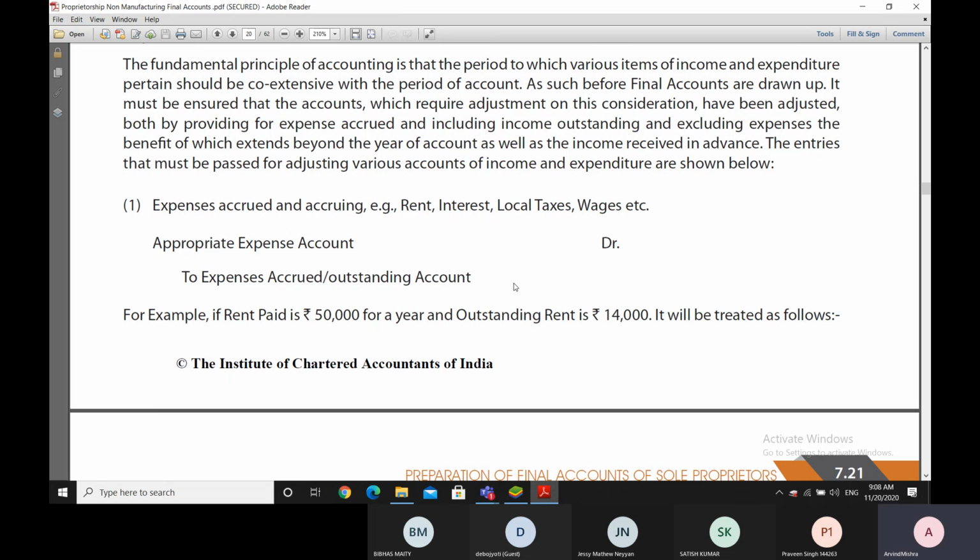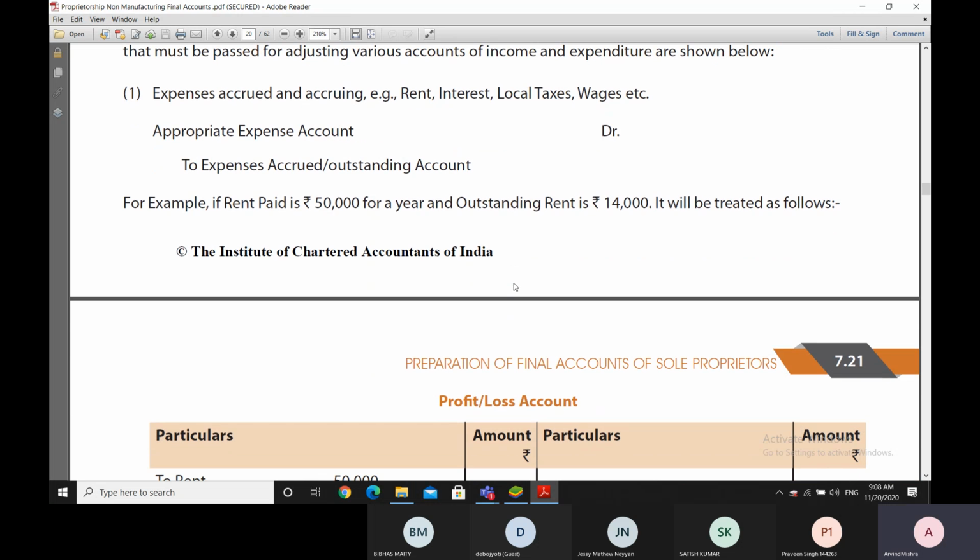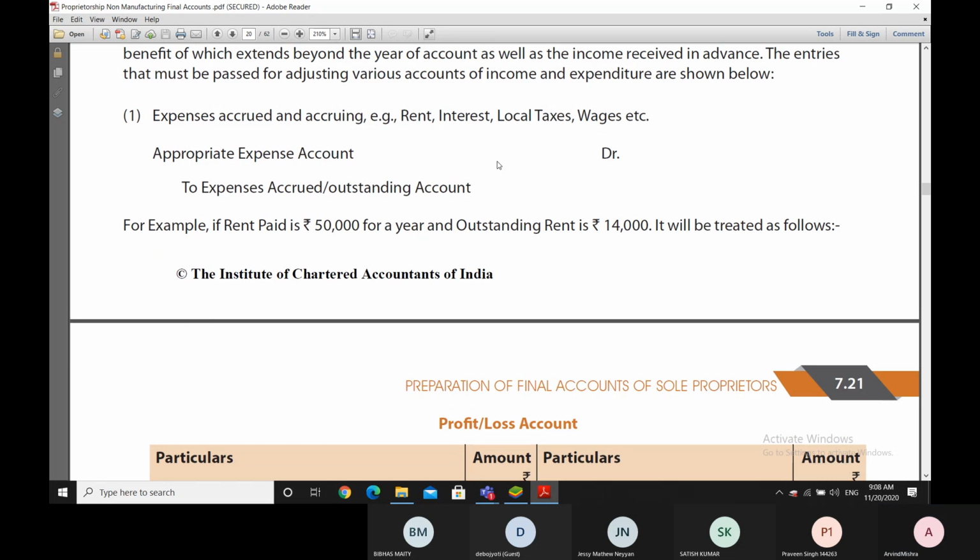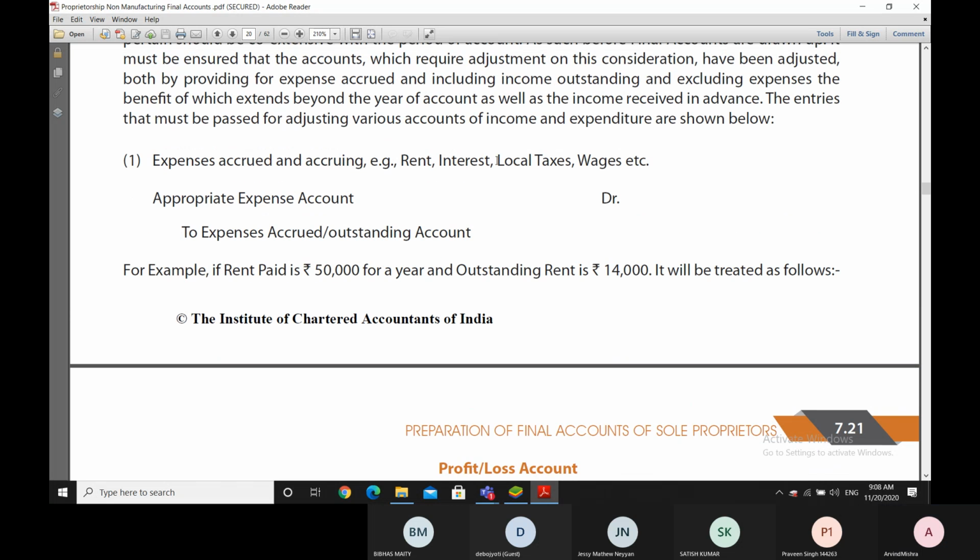So the first entry that we make is that we debit the respective account and credit the expenses accrued in outstanding account, and then we transfer this. Of course, this debit will ultimately get transferred to the profit and loss account.